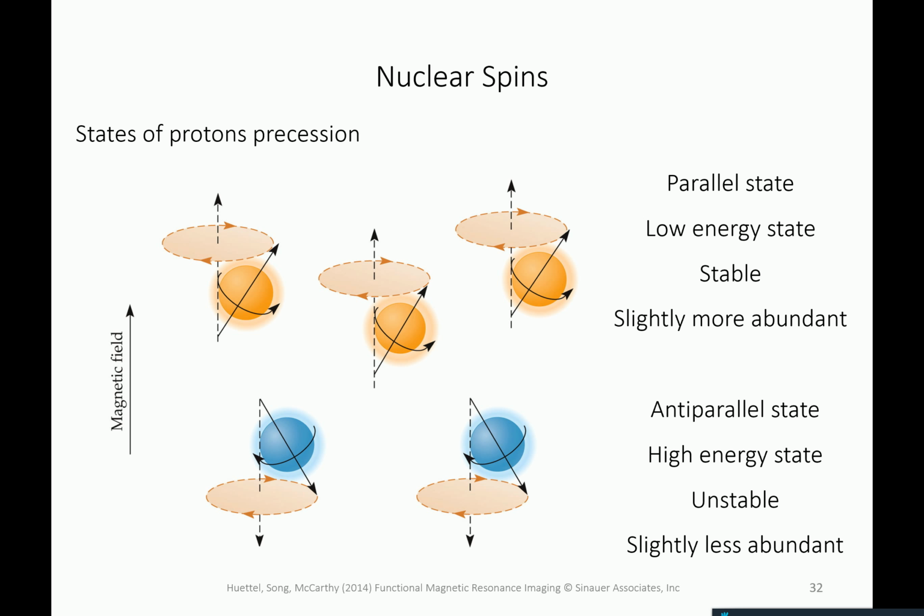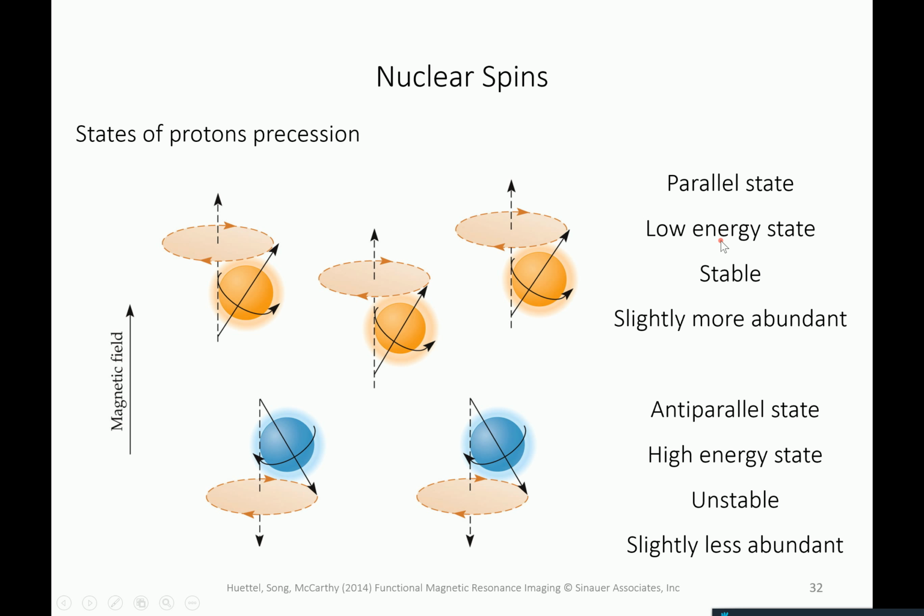Now, at the same time, what's happening is that they either align parallel or anti-parallel to the main magnetic field. So they either do their precession kind of in the upward direction with respect to the magnetic field lines, or in the downward direction. And here the idea is that this is called the parallel state.